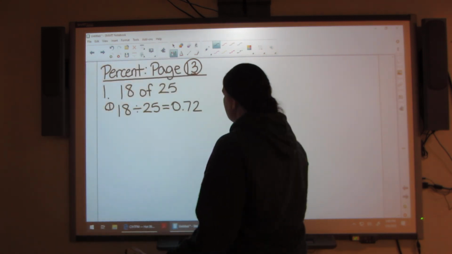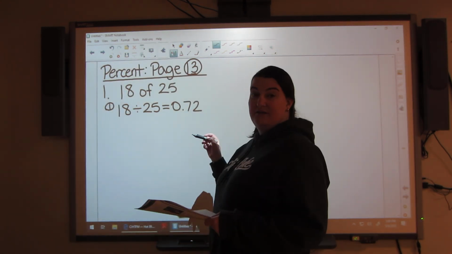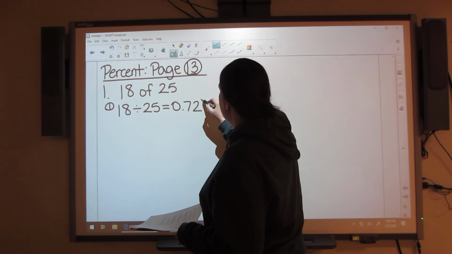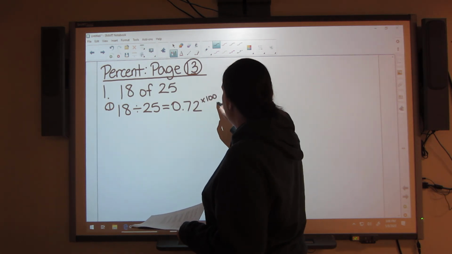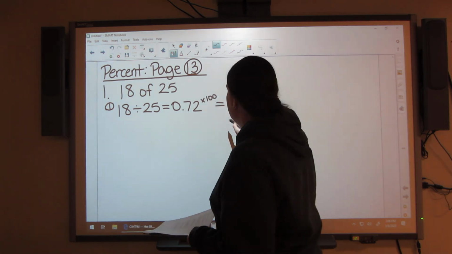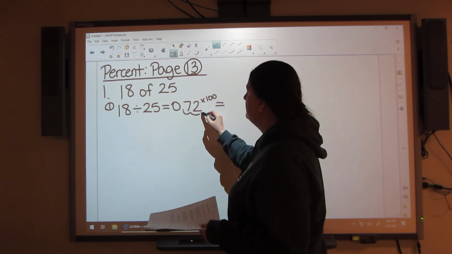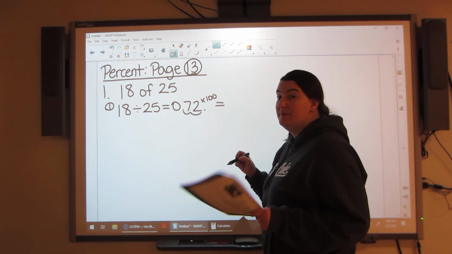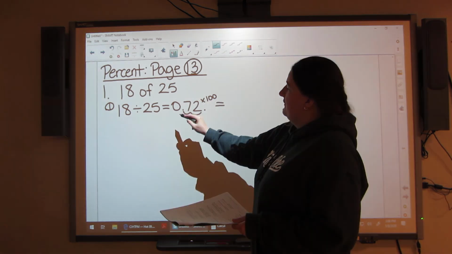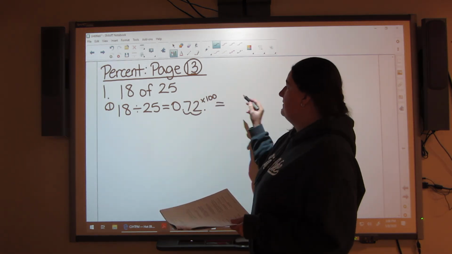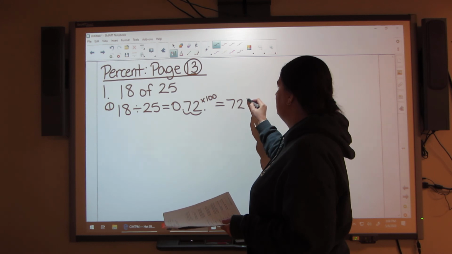Step 2 is where you take your 72 hundredths and you multiply by 100 to get your percentage. So you take your decimal and you move it 2 spots to the right to make it bigger. So 0.72 times 100 is 72%.